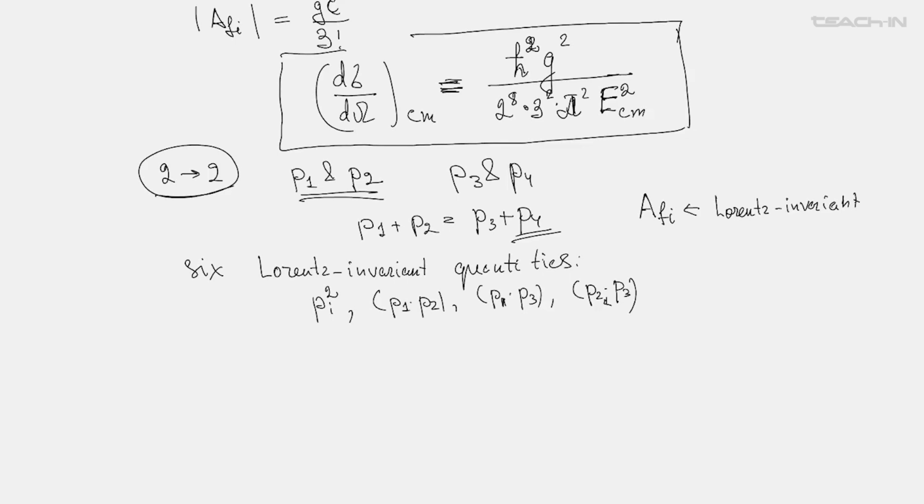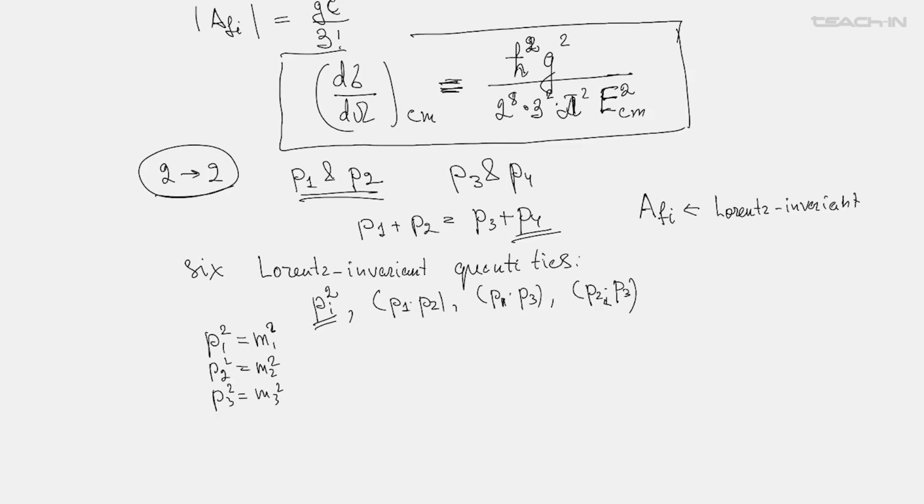So, for instance, the mass shell condition, because we are talking about momenta of asymptotic particles, tells us that actually these Lorentz invariants are just masses of the particles. So these squares can be just replaced by masses. So this means that we have to concentrate on the remaining 3 invariants.